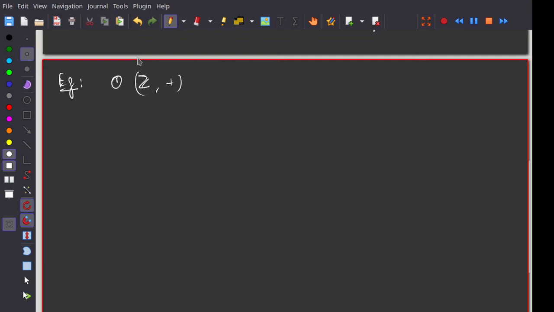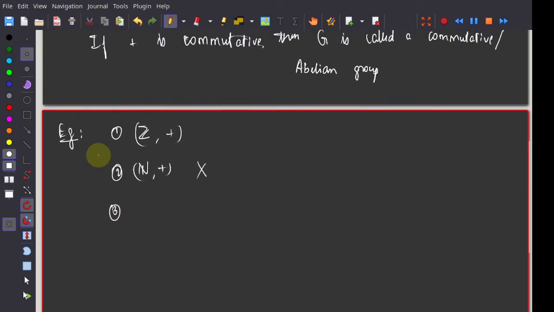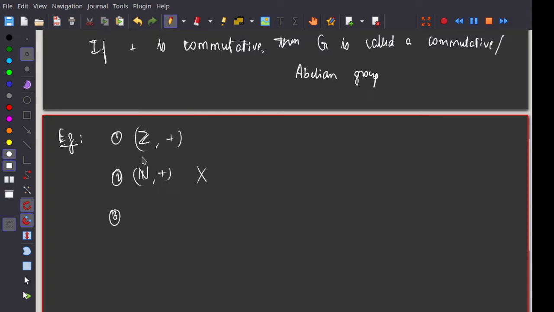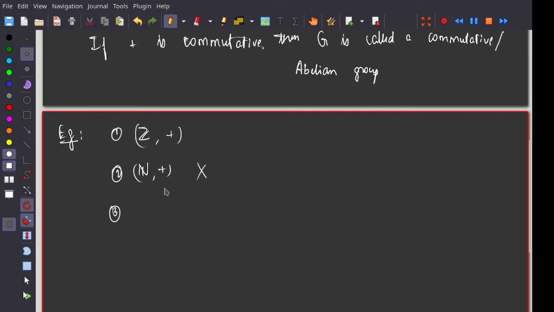Can you give me an example which is not a group? The set of natural numbers does not form a group. So this is an example of a group which is not a field, and this is an example which is not a group, but both of them are commutative.